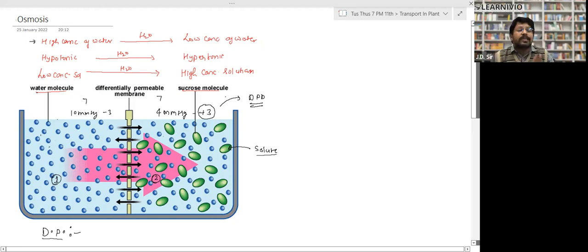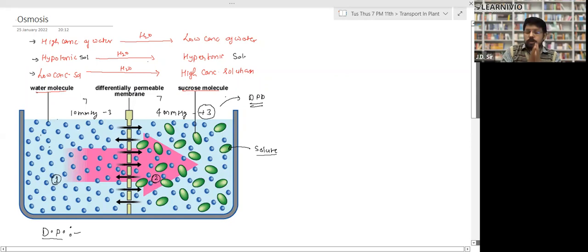So we can also say that movement of water molecules takes place from hypotonic to hypertonic solution, right? Again, the movement of water molecules takes place from low concentrated solution to high concentrated solution.